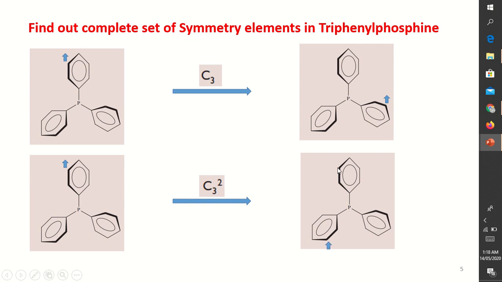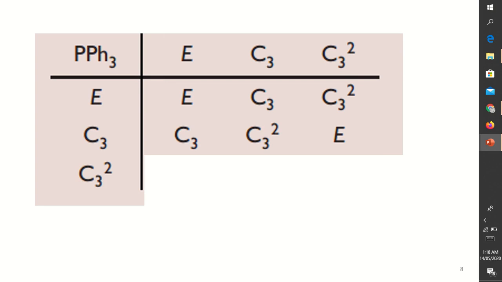This arrow will definitely join the place over here, which means this is equal to identity, the starting position of triphenylphosphine. So we can write that the product of C3 twice and C3 is identity E.